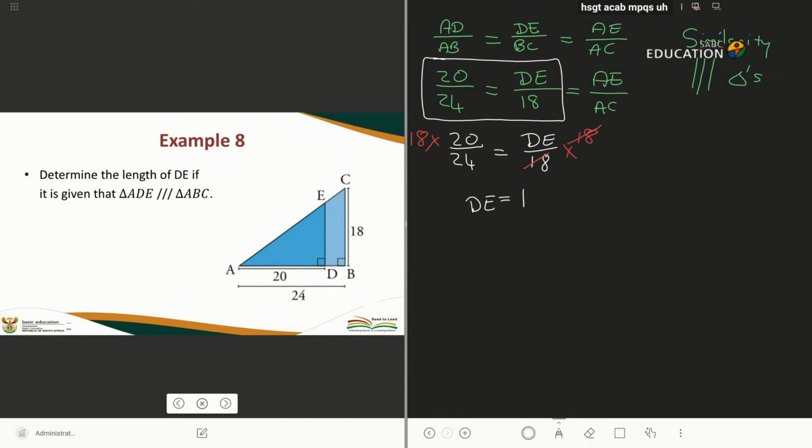And I get a value of 15. And now no units were given. So what I then would like to do is add the units. All right. So I hope you understand how I used similarity to calculate the length of DE.